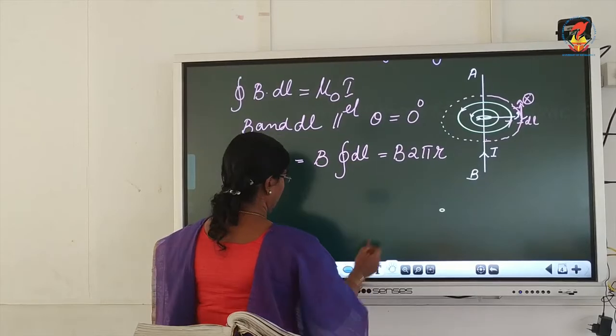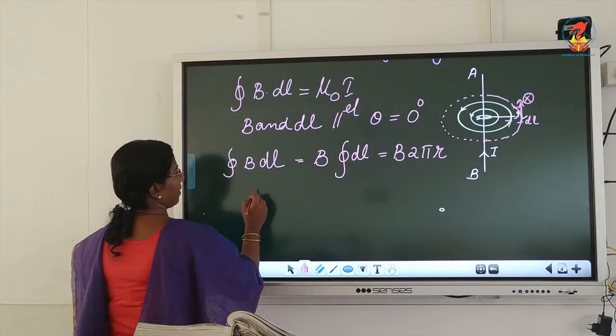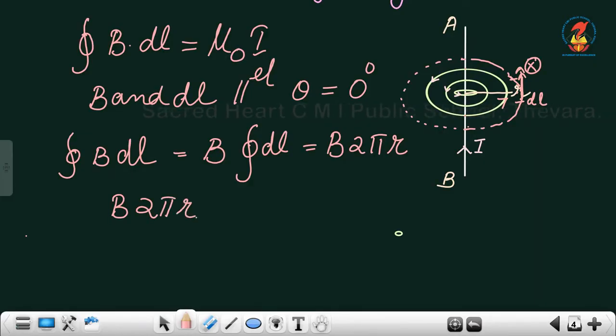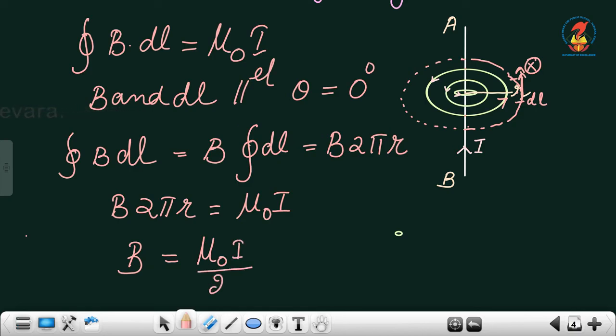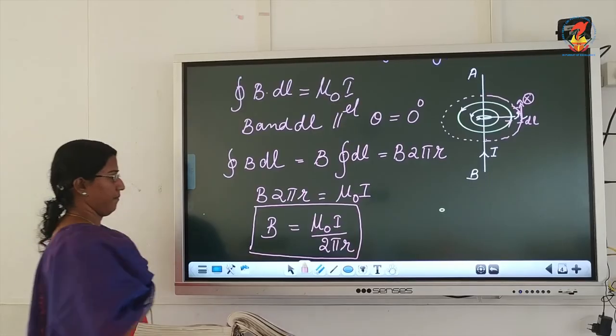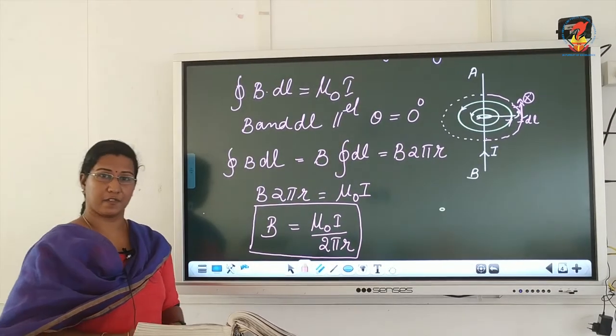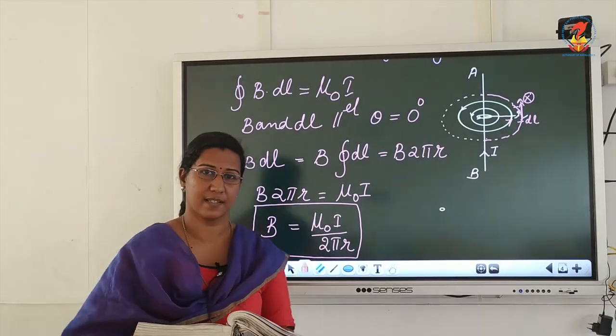So I can write the equation as B into 2 pi r is equal to mu0 into I. Or the magnetic field at a distance r from the conductor is equal to mu0 I divided by 2 pi r. This is how we find the magnetic field at a point using Ampere's Circuital law.